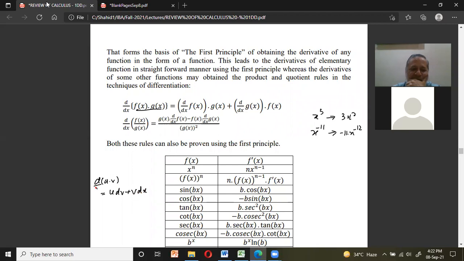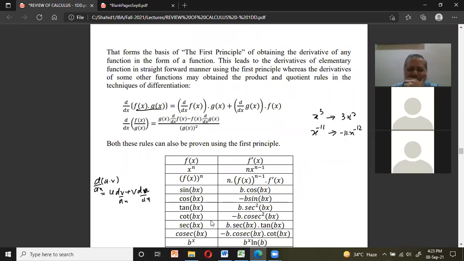If you want to write dy dx, then dx comes here, du dx comes here. So the u into v rule and the u upon v rule. I hope you people are familiar, aren't you? Yes, sir. That's good. There are many derivative formulas that can be proved using the first principle.